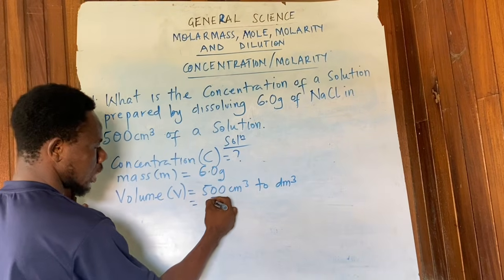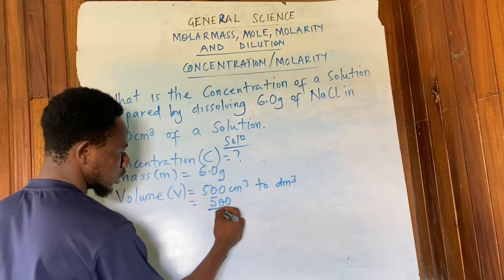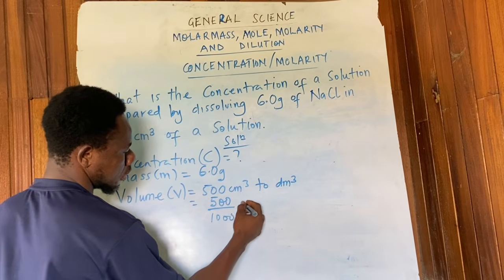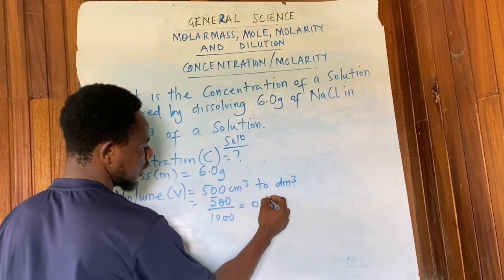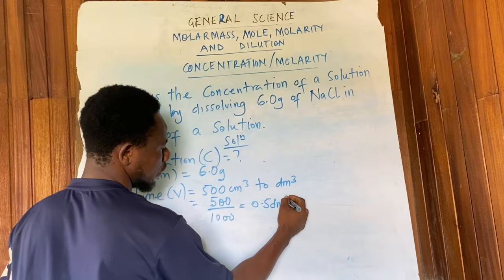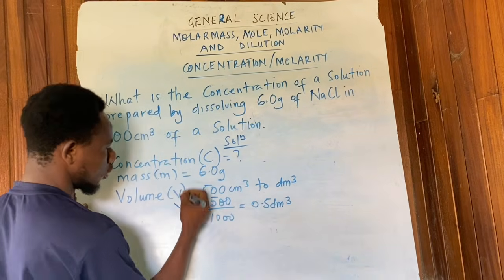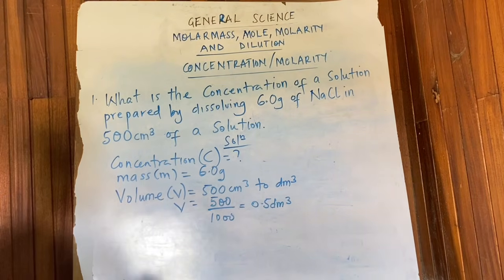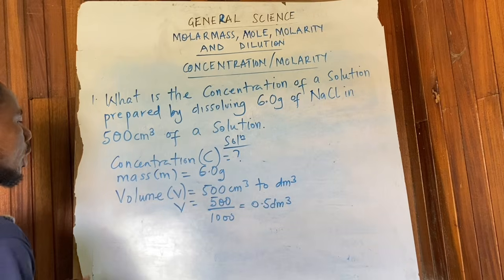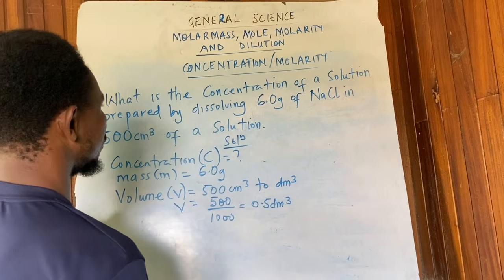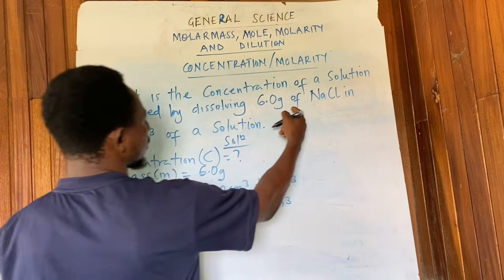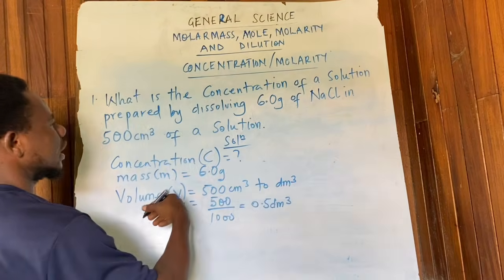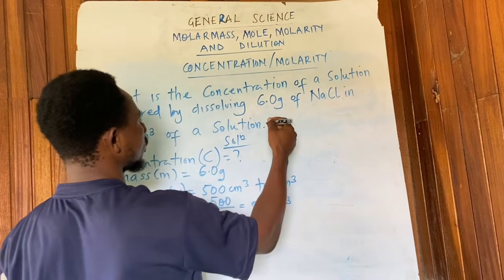So we are going to divide by what? 1000. So we are going to get 0.5 dm cube. So this is our volume here. So I've changed my volume to decimeter cube. Let's continue.